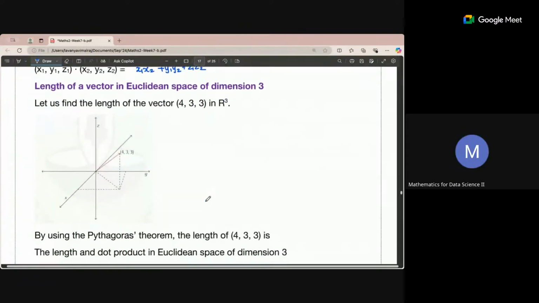So now how do you find the length of any vector in R3? The same way: square root of 4 squared plus 3 squared plus 3 squared. So here, what is the answer? 16 plus 9 plus 9, which is 34. Right? So this is the length of this vector.